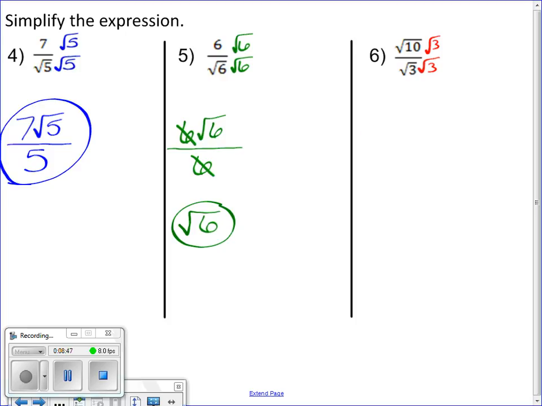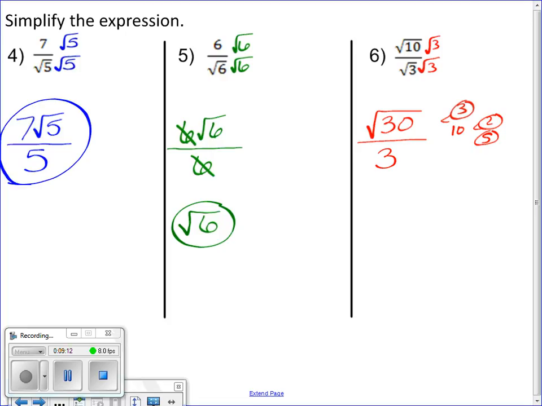Good, radical 30. Radical 3 times radical 3 is 3. Can you simplify that radical on top? Try factor tree on that. See what happens. It's 3 and 10, 2 and 5. Are there any pairs in there? No. So it actually doesn't simplify.